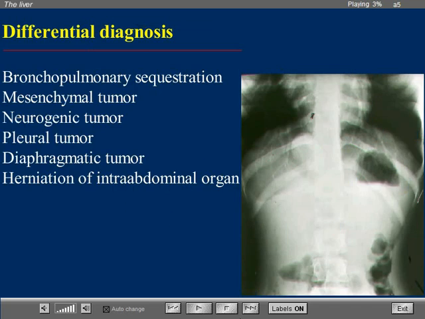What's the differential diagnosis? We must consider the possibility of a bronchopulmonary sequestration, some sort of a congenital lesion, because this patient at the age of 5 already had that mass seen, and the patient was totally asymptomatic. Another possibility would be some sort of a mesenchymal tumor of the mediastinum, perhaps some neurogenic tumor.